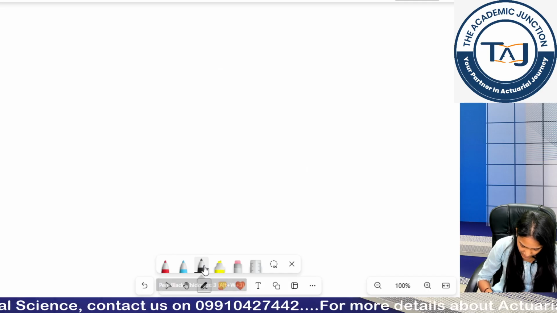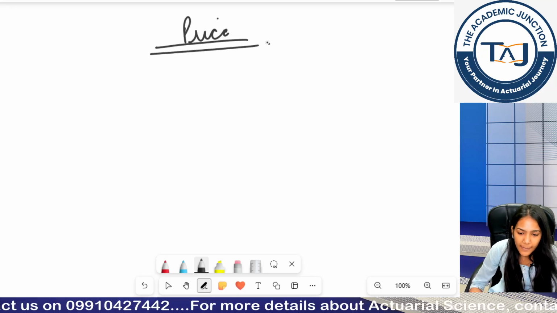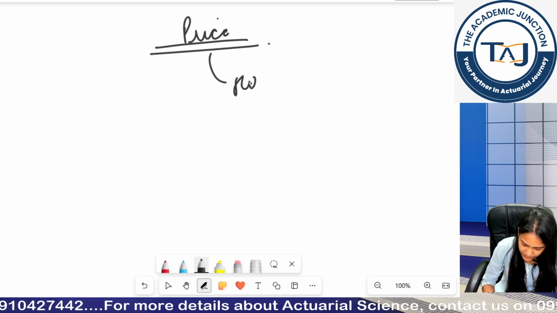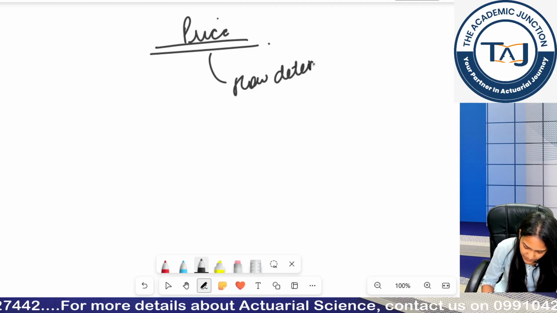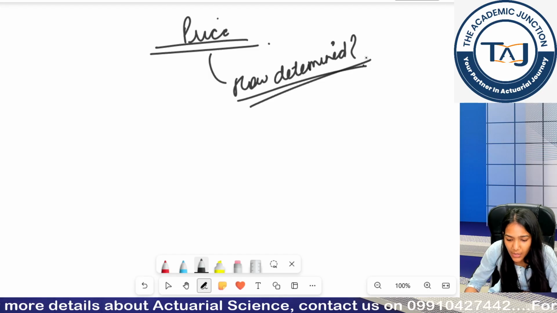Now coming to the last topic of this chapter, which is price. How is price determined? Anyone in the chat box, how is price determined?